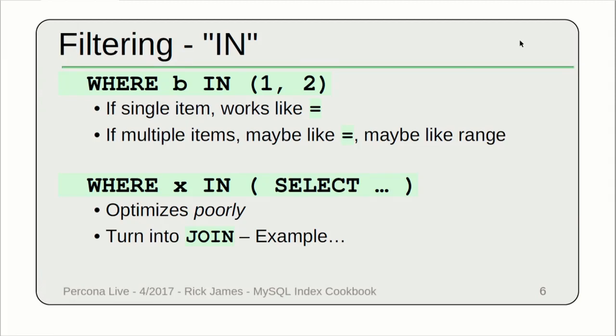On the other hand, IN SELECT, where you have a subquery generating the things that you want to look for, that's terrible. Don't do it. Avoid it. There may be a few cases where it works well, but no. Instead, turn it into a join, and I think I'll have an example of that later.